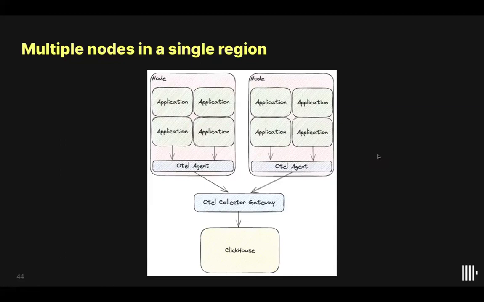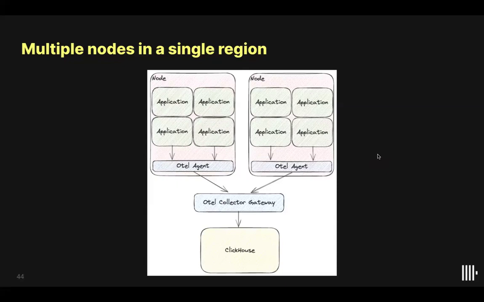In this case, the OpenTelemetry agent becomes a bottleneck because there are multiple applications, and if we start batching on the OpenTelemetry agent side, it's going to consume resources that we need to run our applications. So in this case, OpenTelemetry suggests adding an additional aggregation layer.